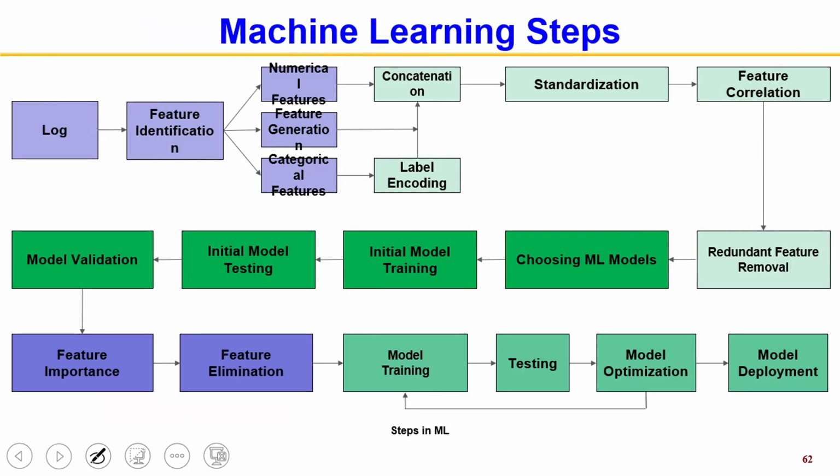This diagram may look exactly the same, because it is doing exactly the same thing. You collect the log or traffic traces in the NoC, do different types of feature generation, then remove redundant features, do initial model training, then model validation, choose which features are good, and finally do the testing to figure out whether I have a model that is going to work.